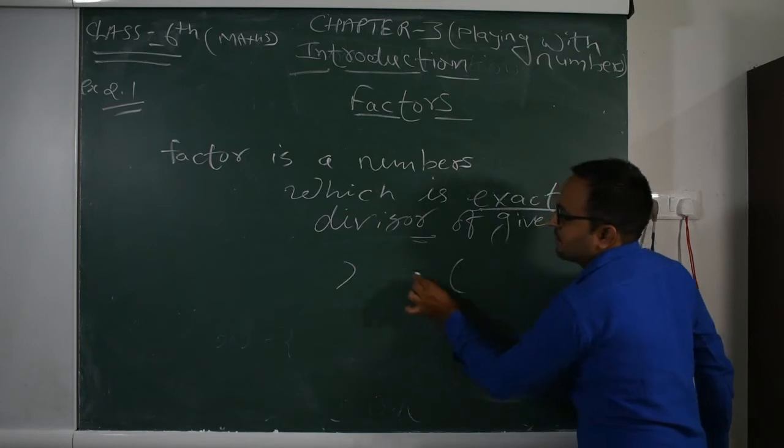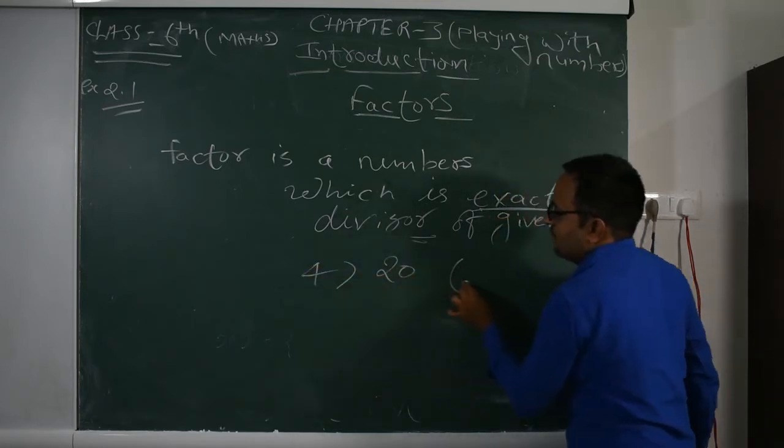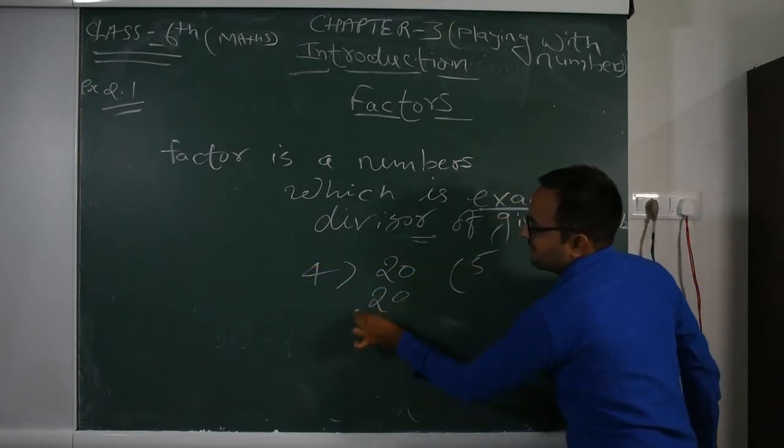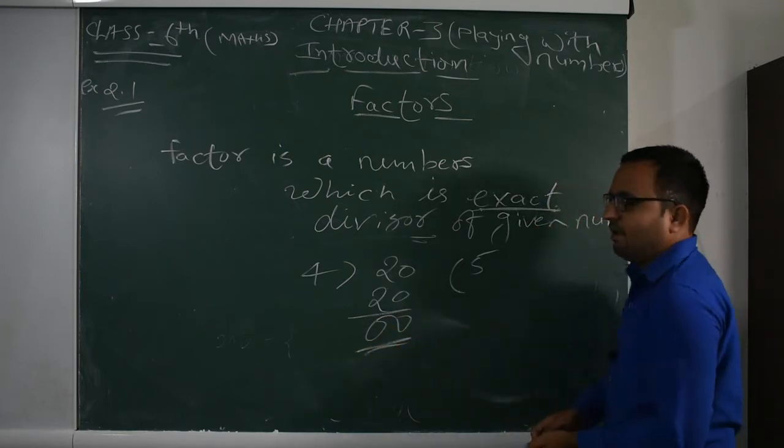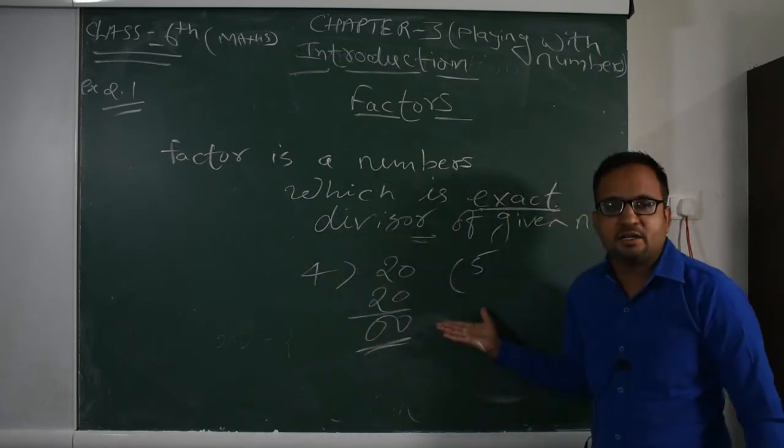Now 20, 4 fives are 20. We already know this is a division operation.